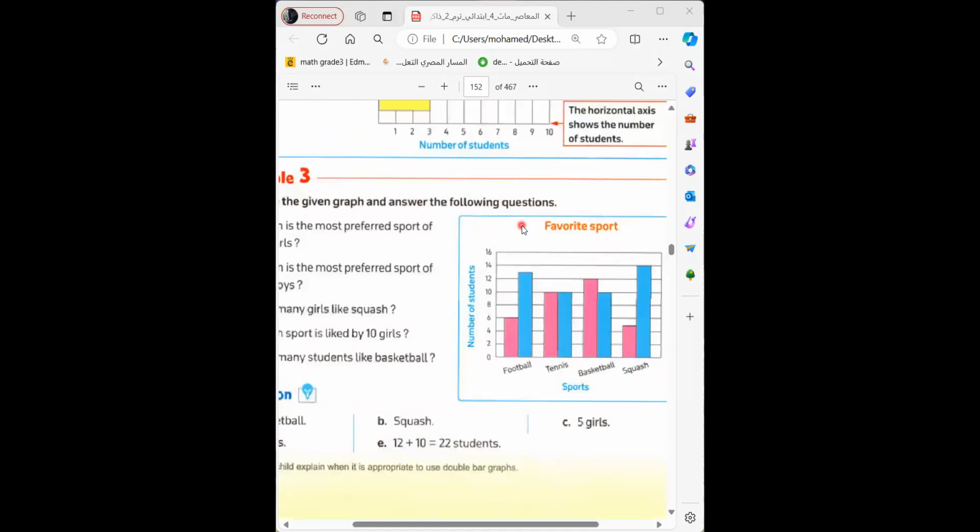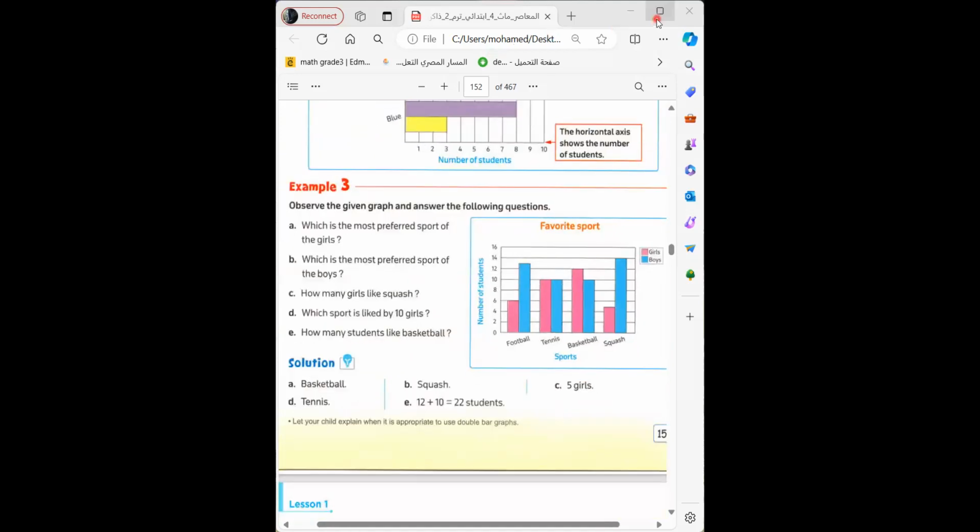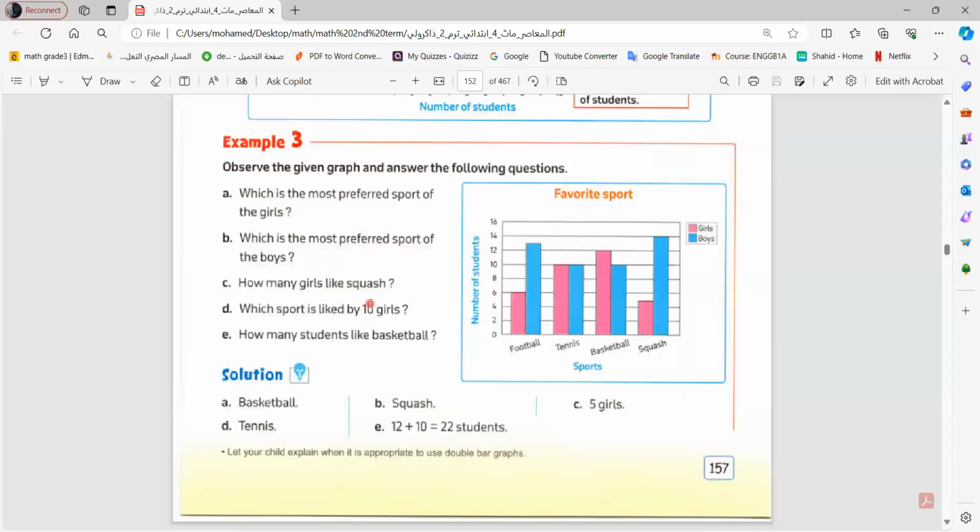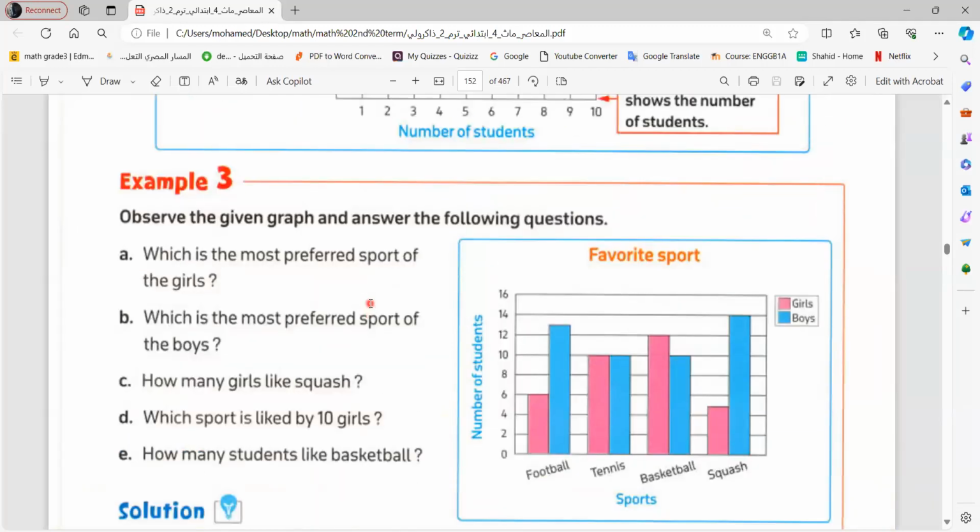Look at here. Imagine I have this bar graph. Don't cheat. Look at here. Which is the most preferred sport for the girls? Girls got which color? The pink or the blue? Pink. Which one is the most for the girls?